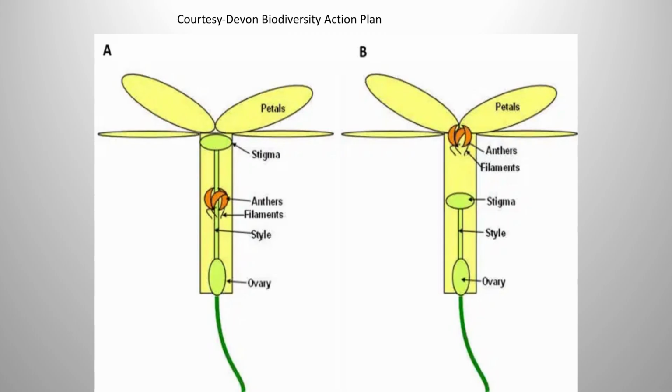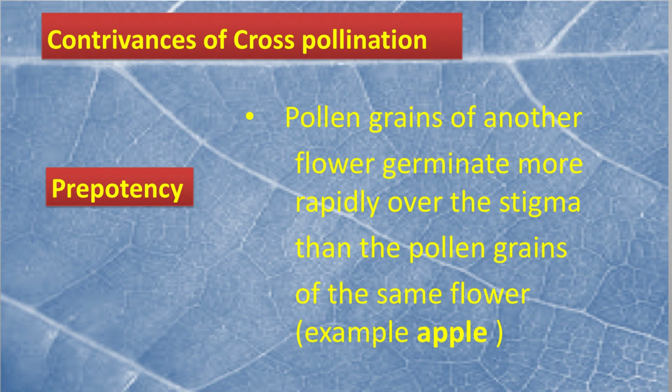So, in picture A you will find the pin-eyed flower, and in picture B you will find the thrum-eyed flower. In one flower you can see the position of the anther that is present below, and in the thrum-eyed you can see the position of anther that is present at the throat of the corolla tube. So, naturally in these type of flowers where heteromorphism is seen, the chances of cross pollination is more than the self pollination.